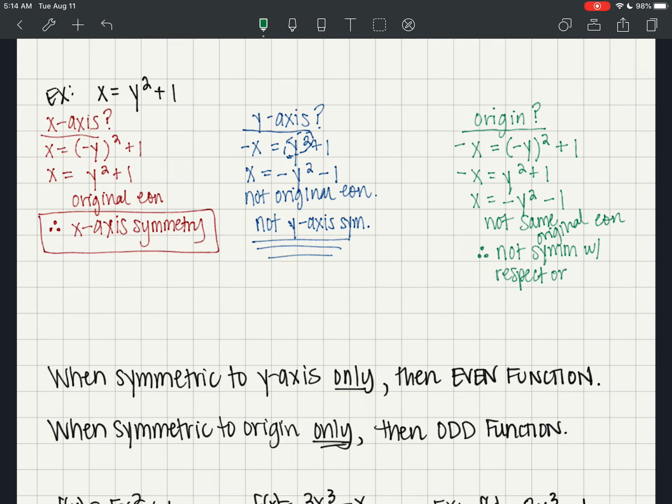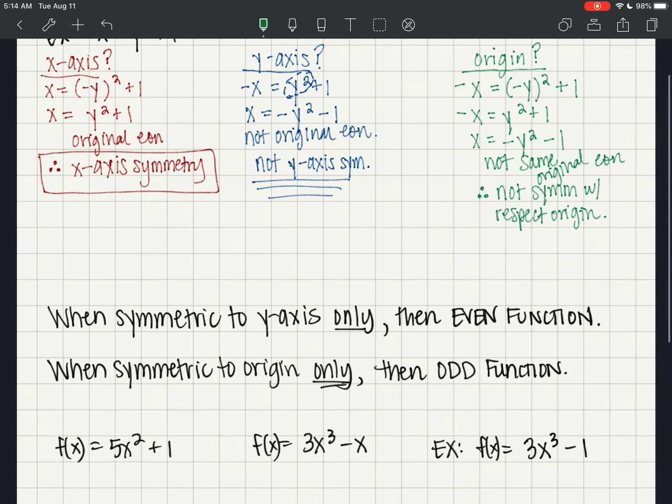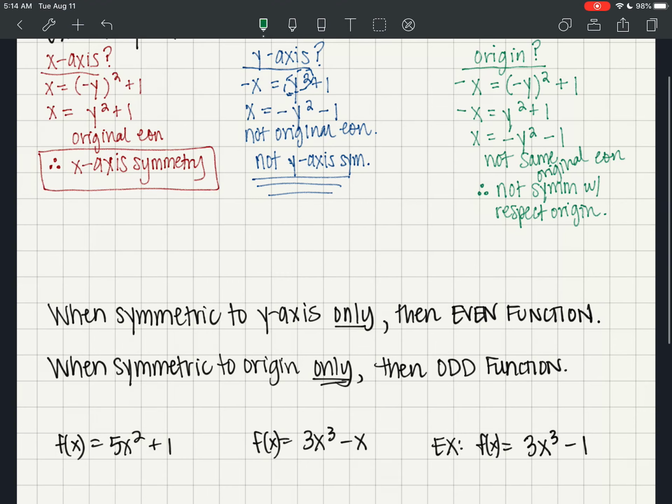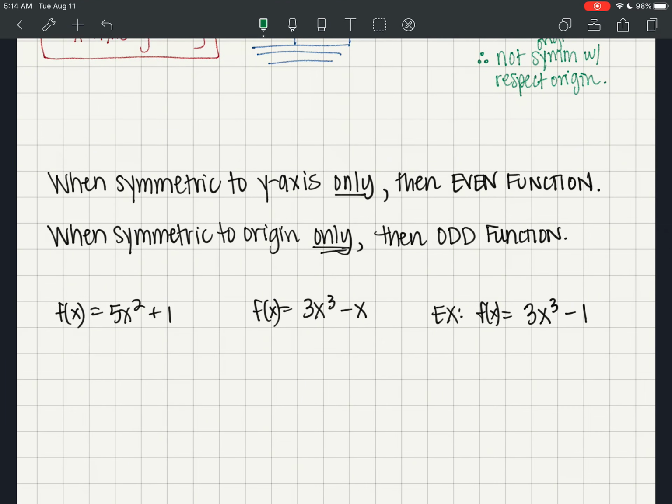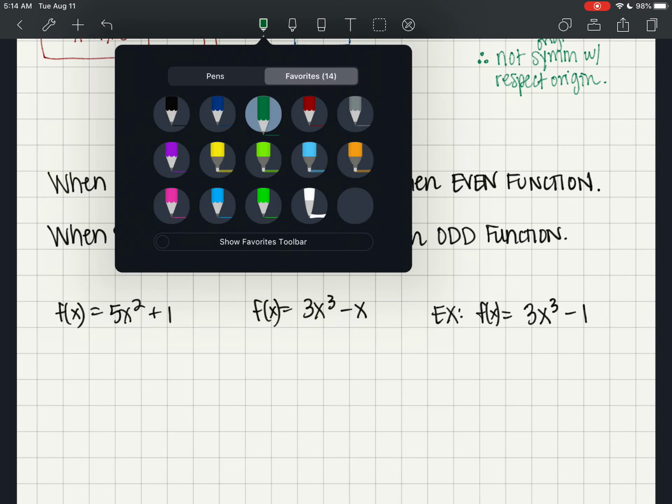So I'm trying to write this just a few different ways so that you can see what it might look like depending on the resource that you're given. When you have symmetry with respect to the y-axis only, then you have an even function. So this is very, very important. Then you have an even function.